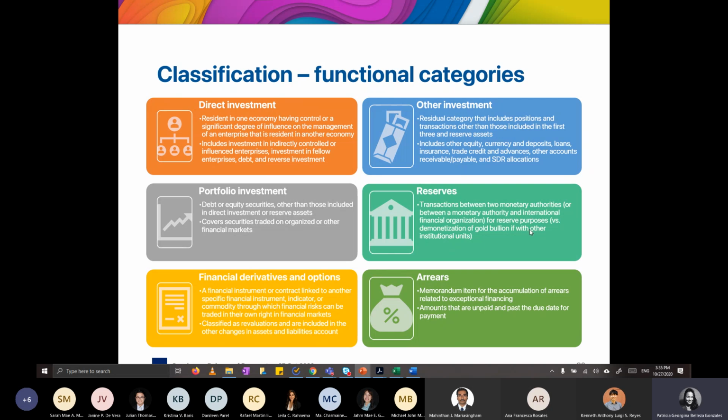If gold bullion is traded by non-monetary authorities or between regular institutional units, then it is monetized and sold not as a reserve asset, but just as gold bars.